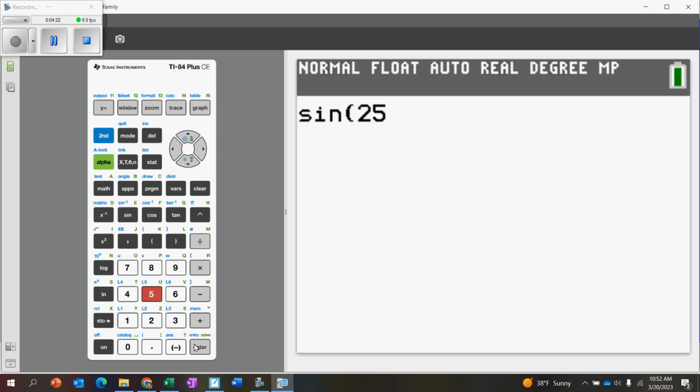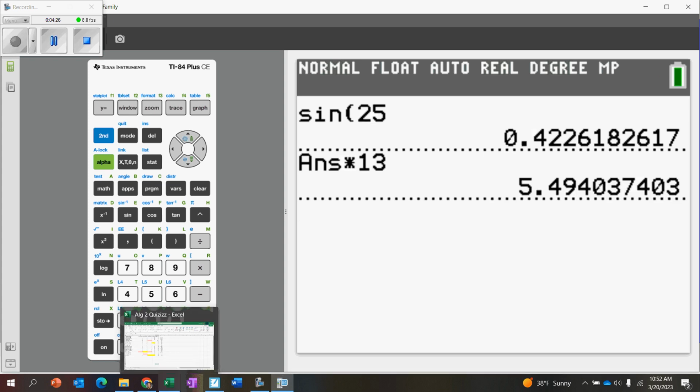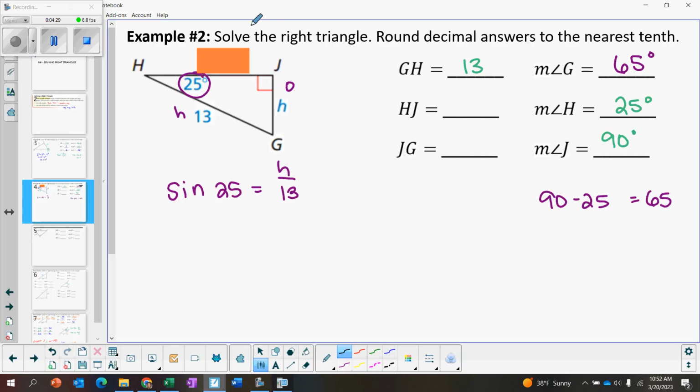We get 5.5. So that was this right here, GJ is 5.5.